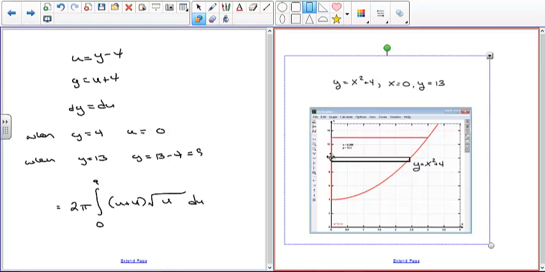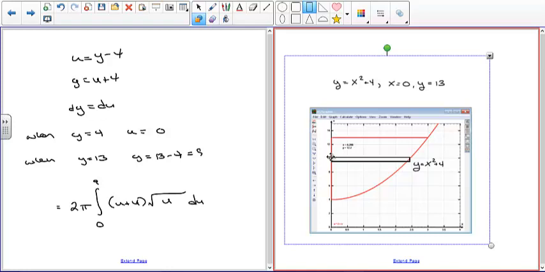So that kind of answers the question, because the reason it's a disk is because this boundary is the y-axis, whereas when we did the previous problem here, it was a washer, because the interior is not the x-axis. So that's why we use the disk method.